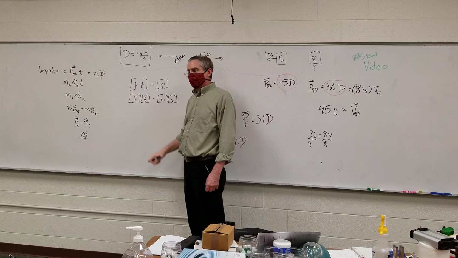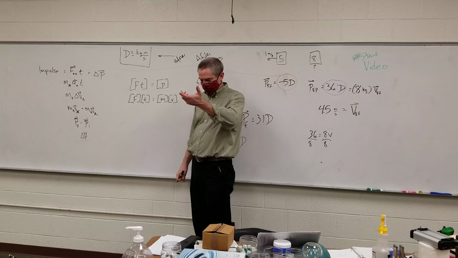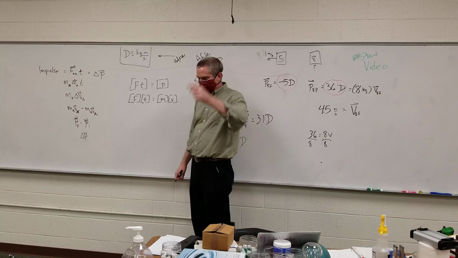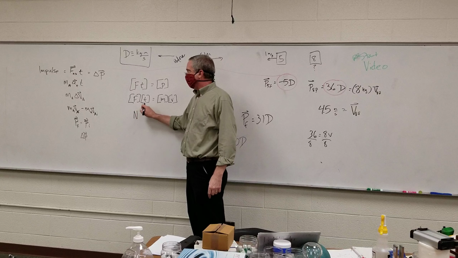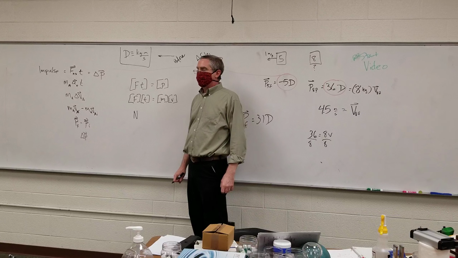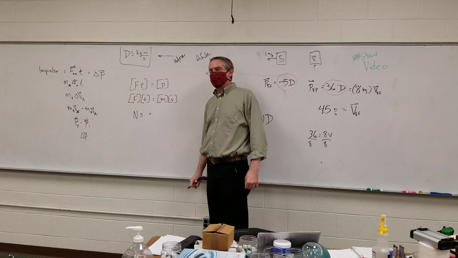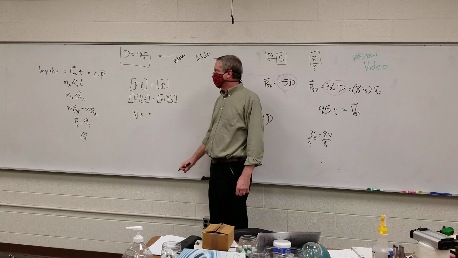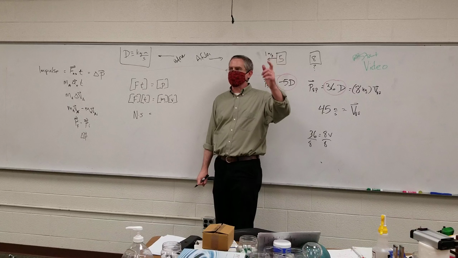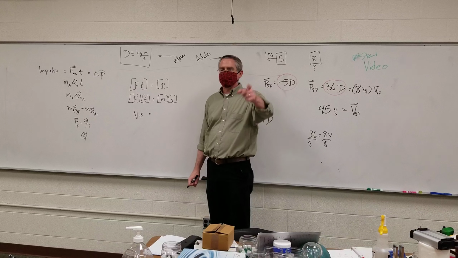So units, what is the SI unit for force? Newtons? It is indeed a Newton. The International Standard Unit for time? Seconds? International Standard Unit for mass? Grams? That's the old system. Kilograms? Yeah, kilogram.